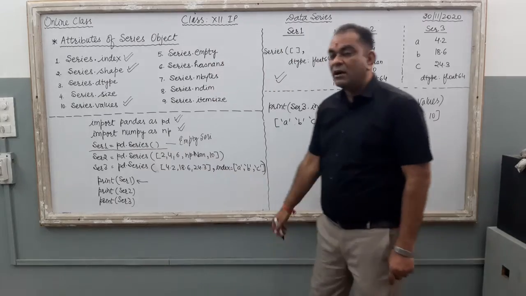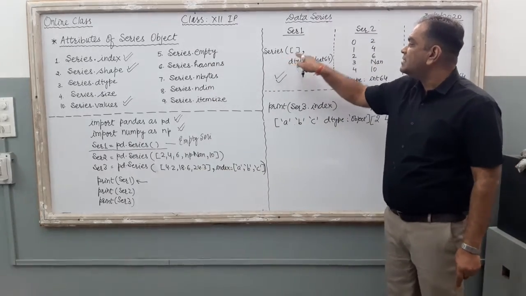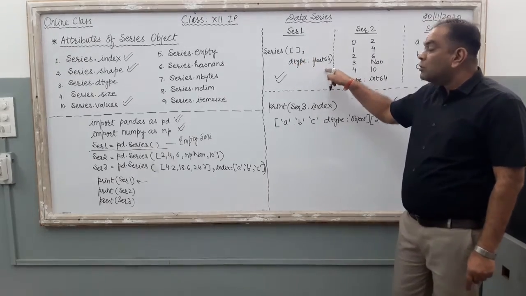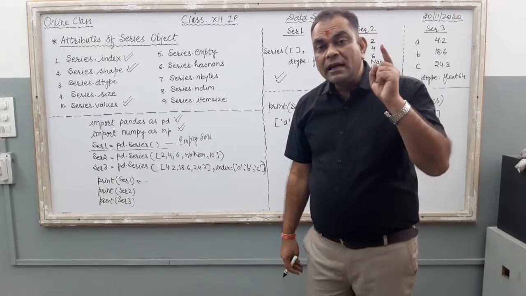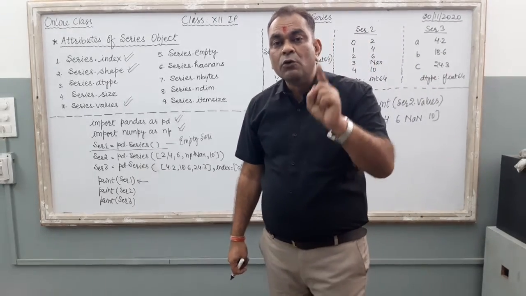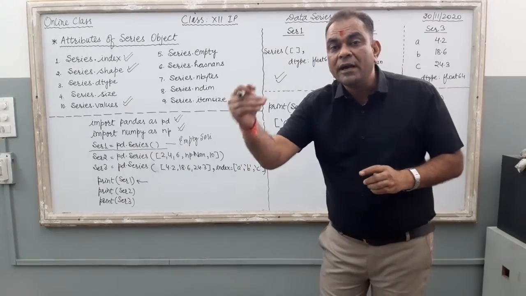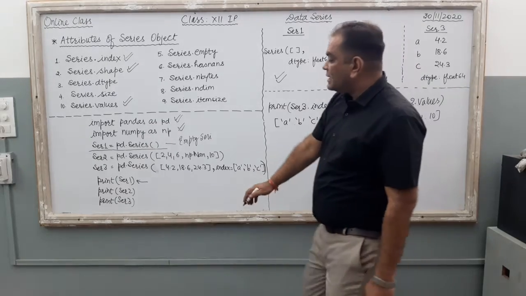So this is vacant. केवल एक लाइन कंप्यूटर शो करेगा: Series empty, comma, dtype is float64. Yes, for each and every empty series, the data type is float64 if you execute Python in a Windows based operating system. Clear?